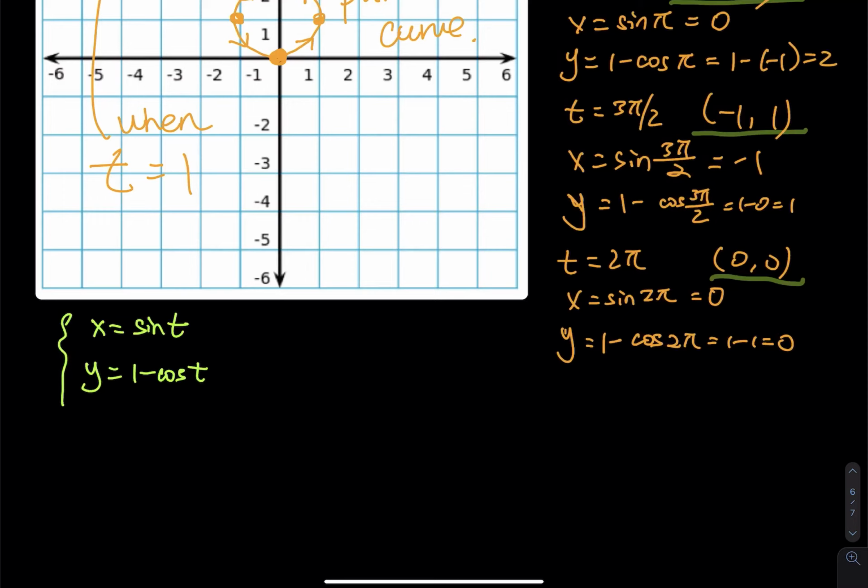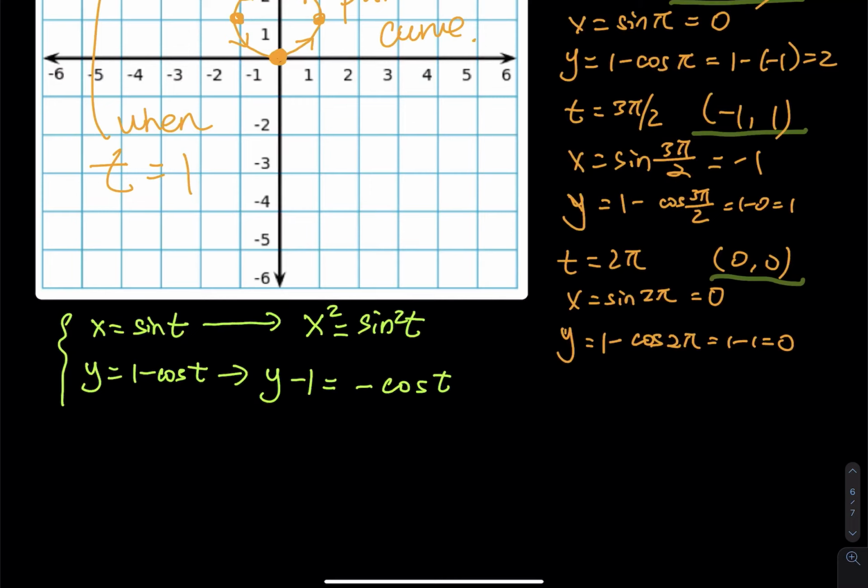Okay, this one is a little bit more difficult. So how about this? I would like to square both sides. So x squared equals sine squared t. And then for the y, I would like to do this. Y minus 1 equals negative cosine t.